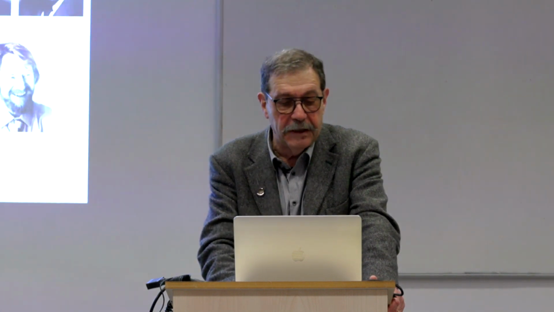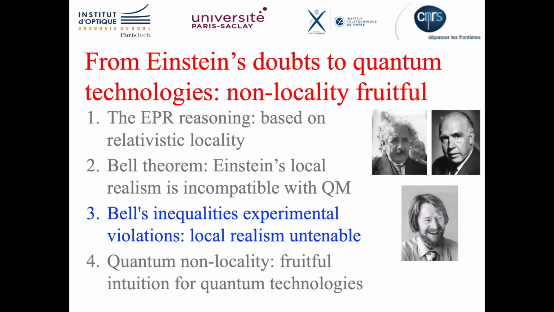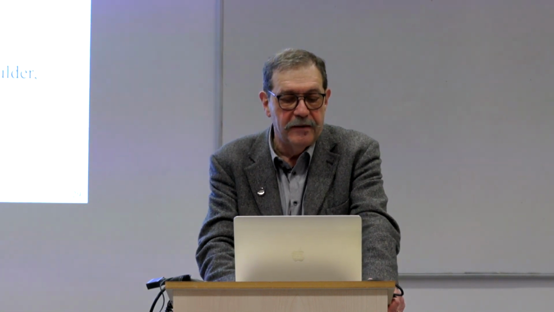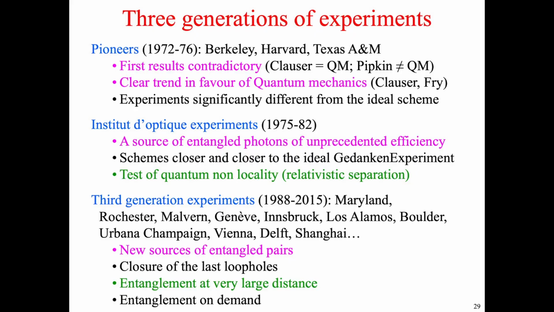So Clauser, Horn, Shimony, and Holt made a proposal for a real experiment, and now I'm going to give a very fast overview. I like to say that there are three generations of experiments. The heroic pioneers in 72, 76. There was first Clauser in Berkeley, Clauser and Freedman, and Pipkin and Holt in Harvard.